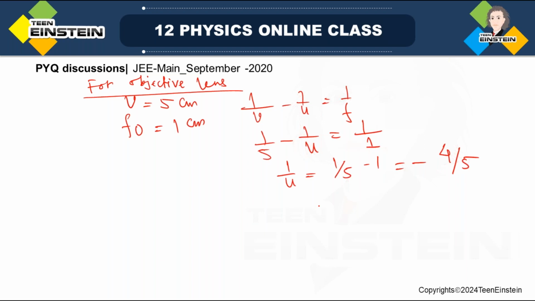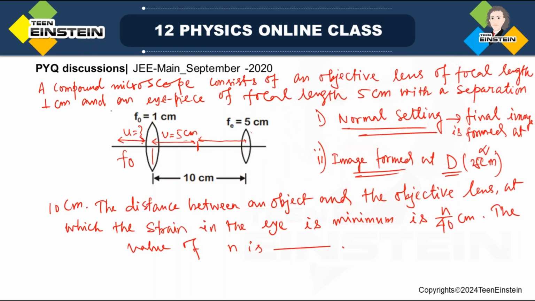That means U will be minus 5 by 4 centimeter.